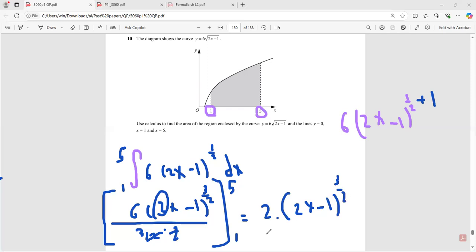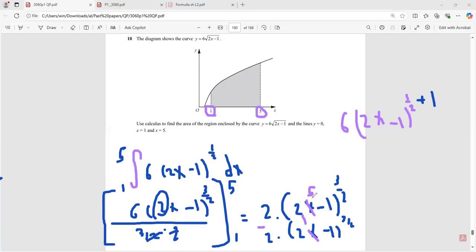Now we're going to write the same, 2 multiplied by (2x minus 1) to the power 3 out of 2. And then we're going to substitute x, 5 at the start and 1 for the lower limit, and subtract.